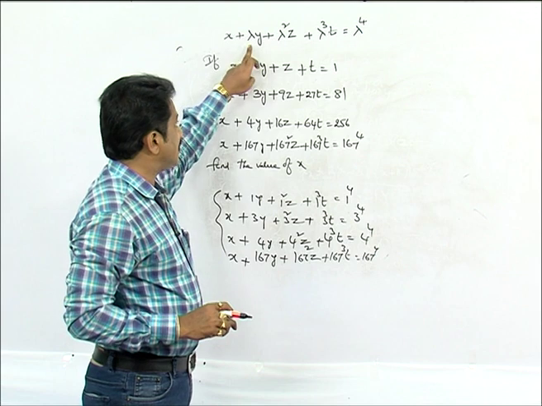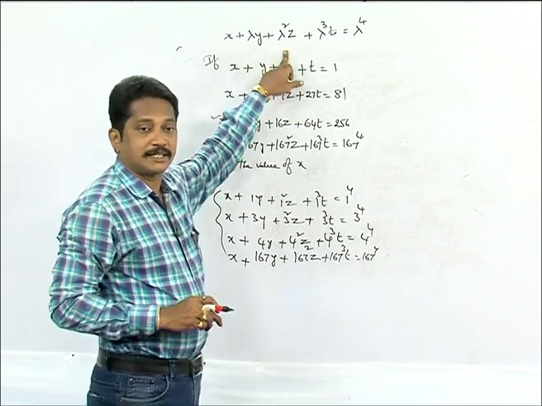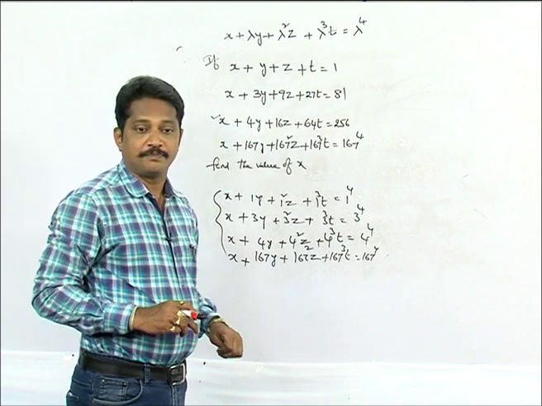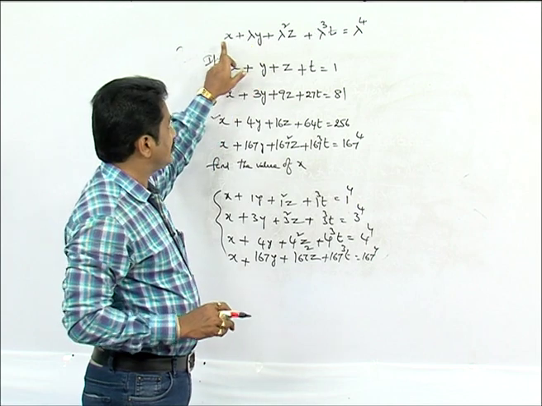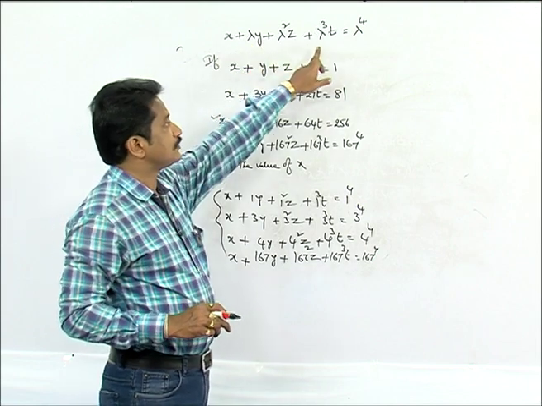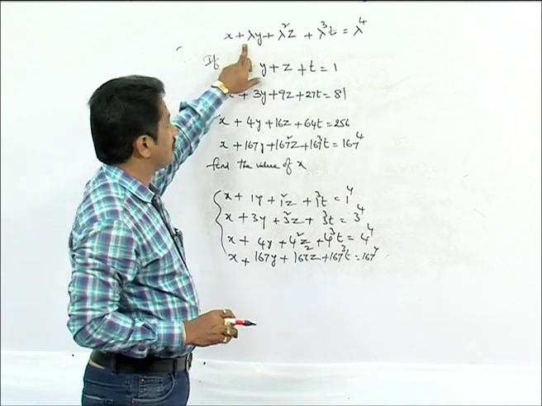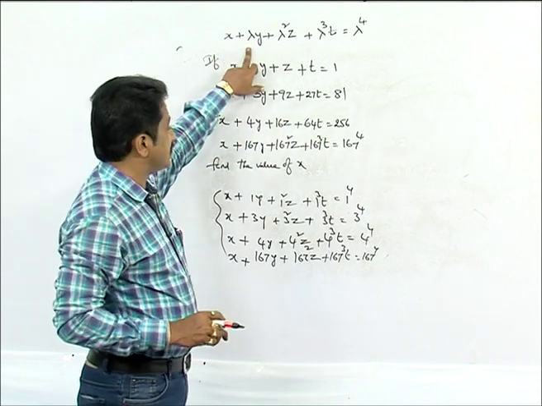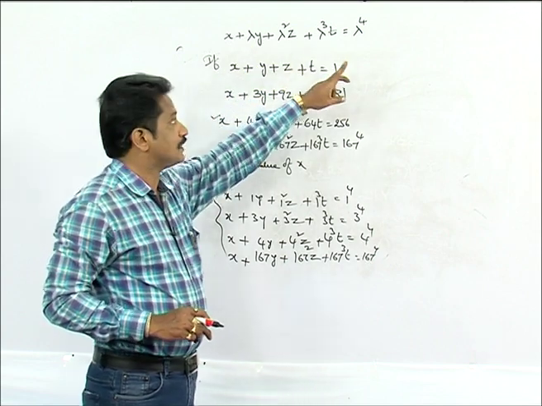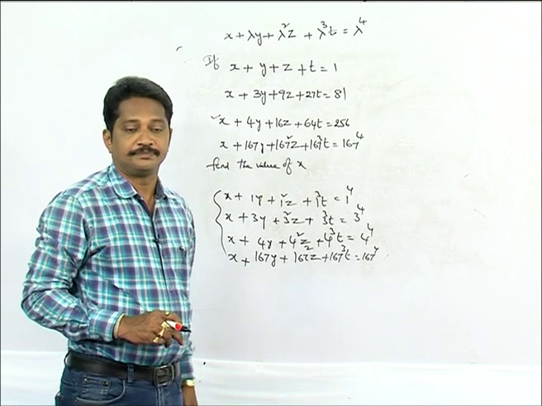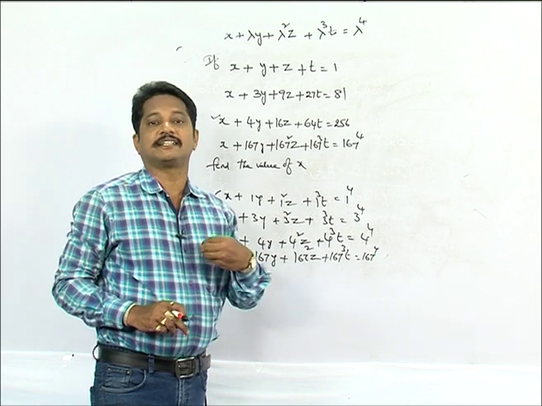When you substitute lambda equal to 3, that is x plus 3y plus 3 square z plus 3 cube t equal to 3 to the power of 4. When you substitute lambda equal to 4, you will get x plus 4y plus 4 square z plus 4 cube t equal to 4 to the power of 4. When you substitute 167 in place of lambda, x plus 167y plus 167 square z plus 167 cube t equal to 167 to the power of 4. Correct? Means when you substitute one value, you will get another equation.